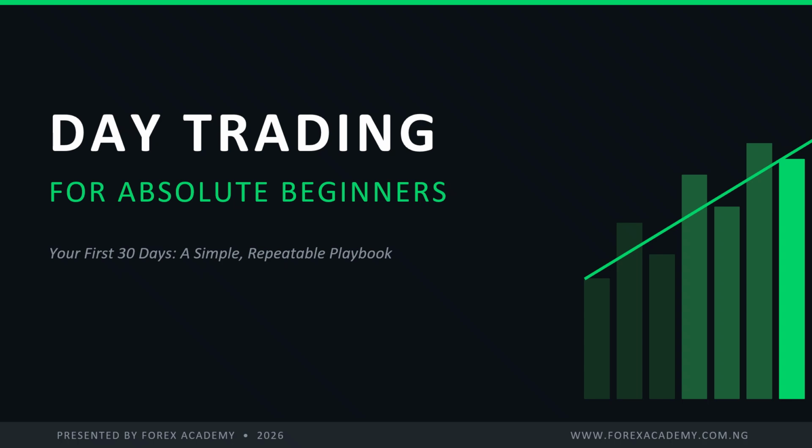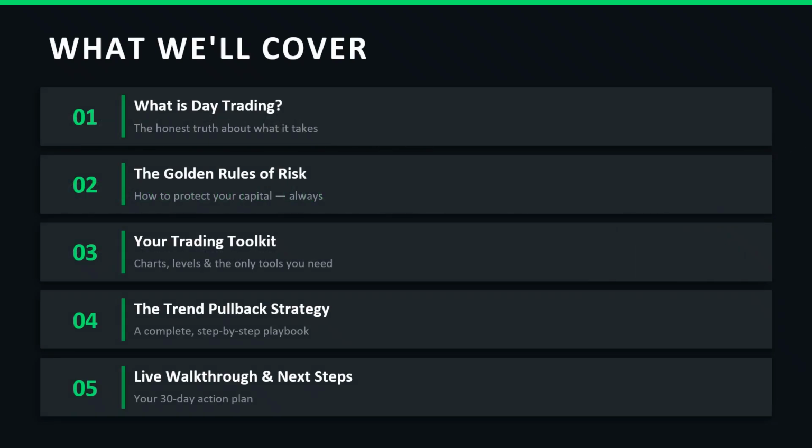Let's dive in. So, what are we going to cover today? We're going to build this like a house from the ground up. First, we'll define what day trading actually is, the honest truth, not the fantasy. Then, we'll cover the absolute non-negotiable rules of risk management. This is your safety net. After that, I'll introduce you to your trading toolkit.